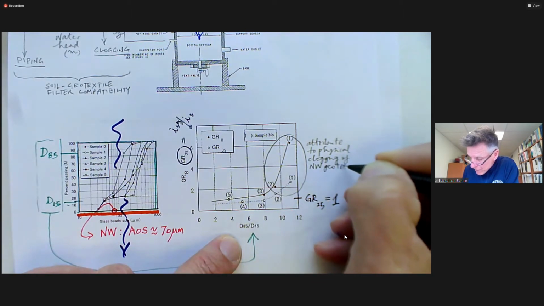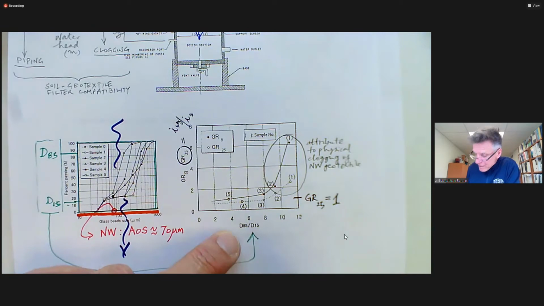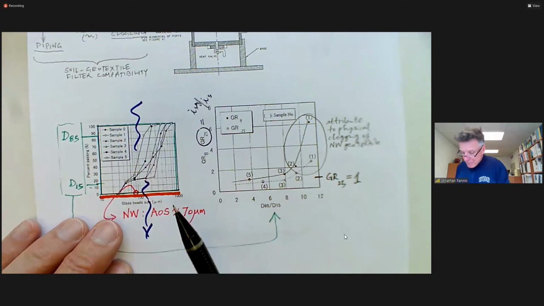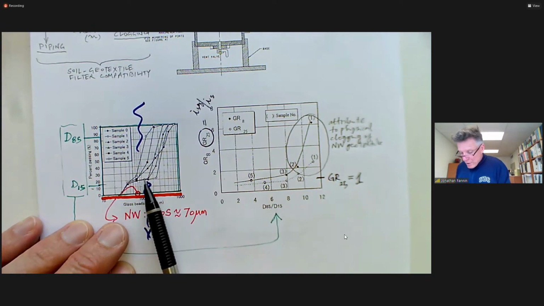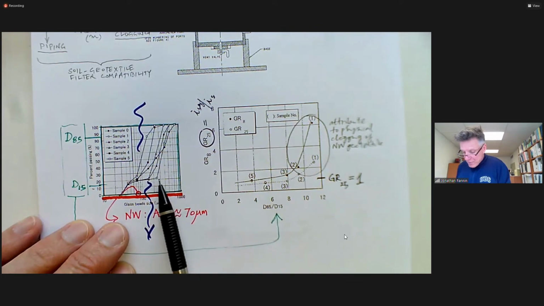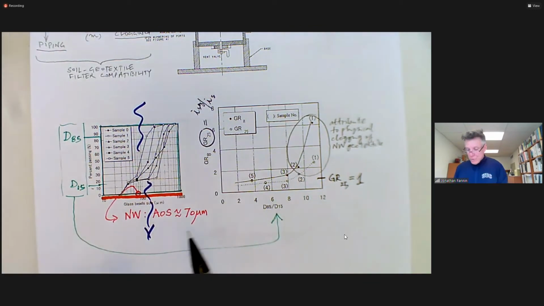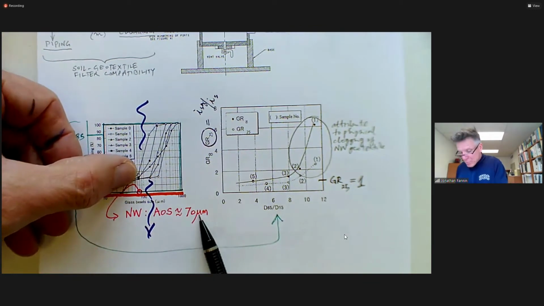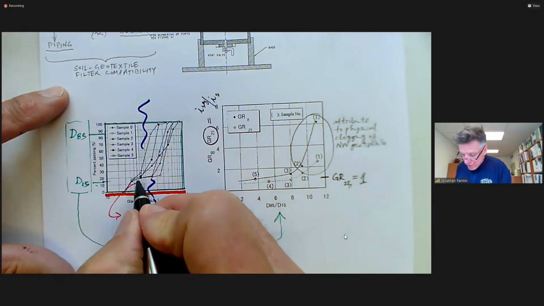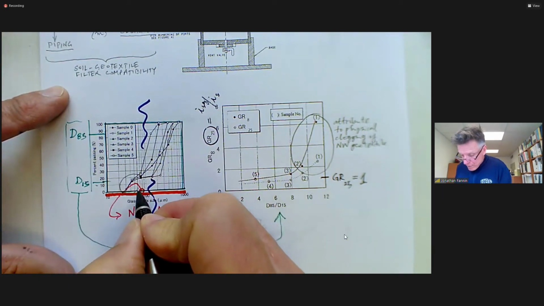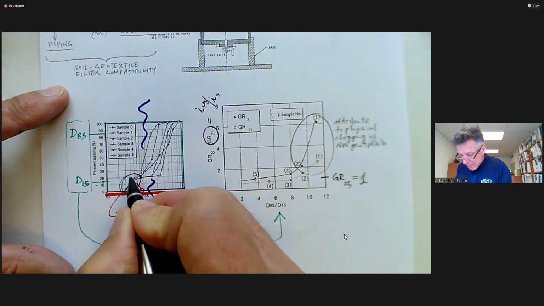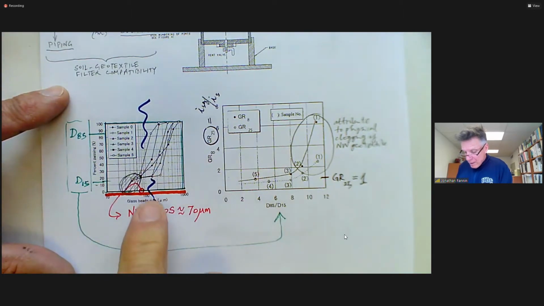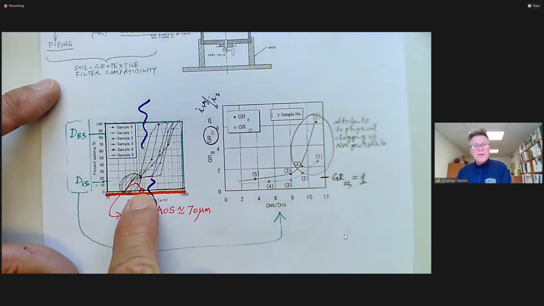And what's causing that physical clogging of the geotextile? It's because of the fine fraction being mobile in the gap-graded soil, but being caught by the geotextile, because most of the mobile finer fraction in the gap-graded soil comprises grains that are smaller than the opening size of the geotextile.